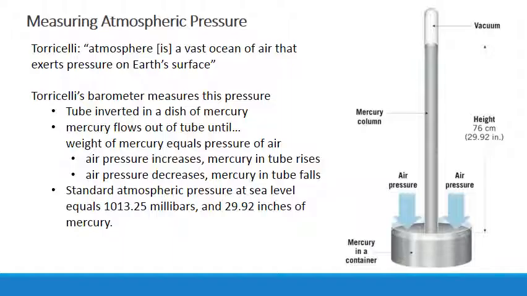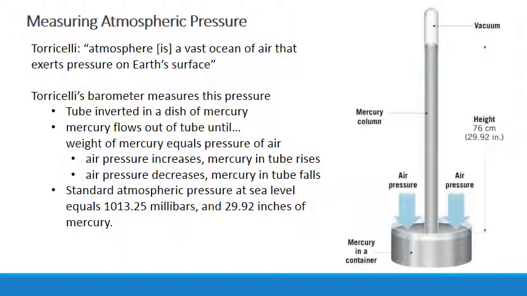Torricelli was a student of Galileo, and he correctly described the atmosphere as a vast ocean of air exerting pressure on the Earth's surface. To measure this force, he closed one end of a glass tube, filled it with mercury, and then inverted the tube into a dish of mercury.